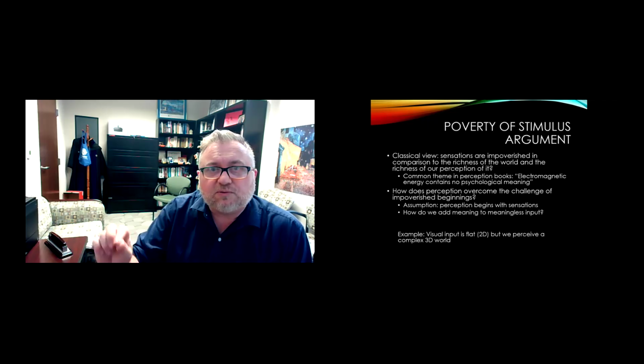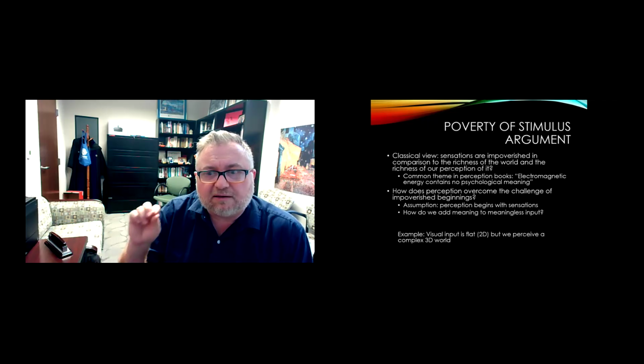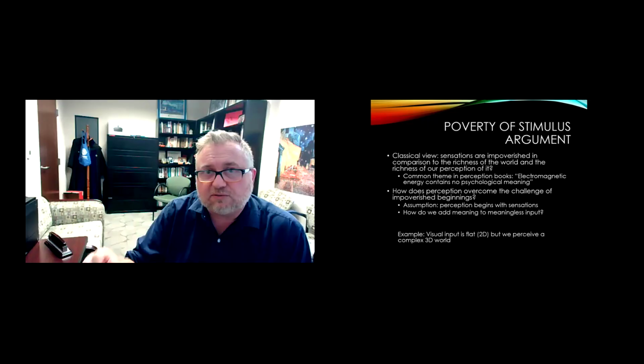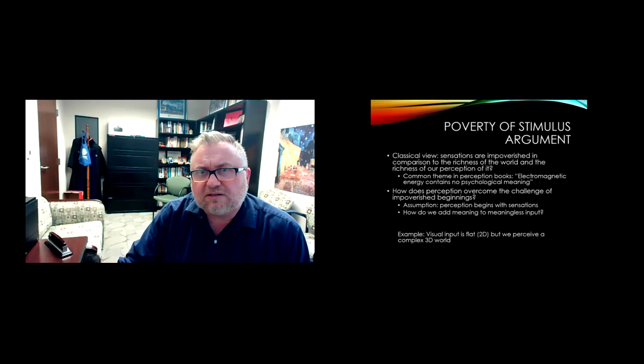So that one individual light ray has no meaning. It's just electromagnetic energy. And likewise, of course, when we talk about the individual rods and cones in the retina that are activated in response to that and encoding information about brightness and color, that single cell response also contains no psychological meaning.